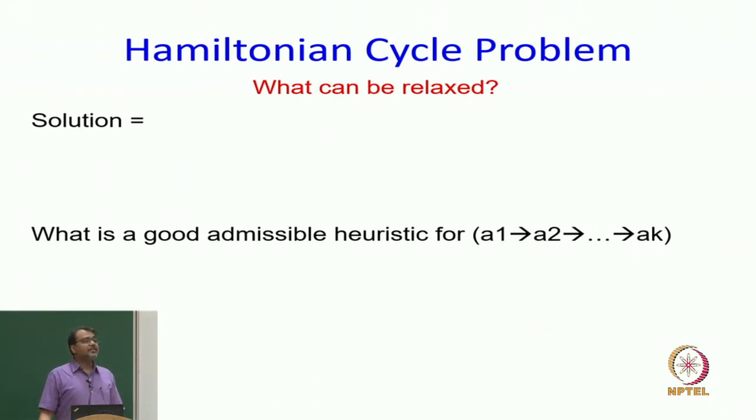And now my goal is to figure out an admissible heuristic for the state, let us say A1 up to AK. And for any such problem that comes along, think about solution constraints. So, what are the constraints on the solution? Visit each node exactly once. What else?